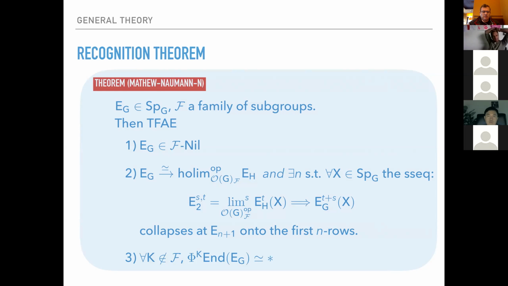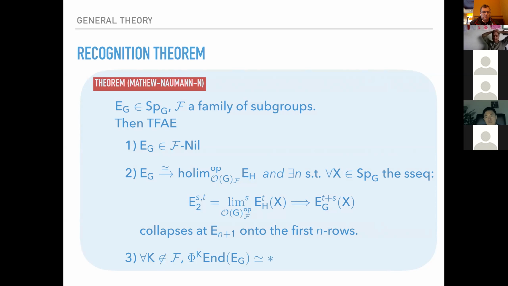Many things, all directions seem to be useful in this case. The geometric fixed point property 3 can actually be checked in many examples.